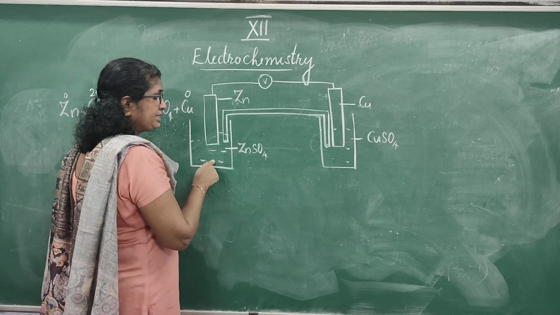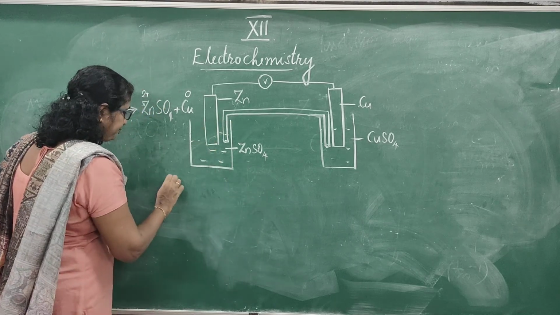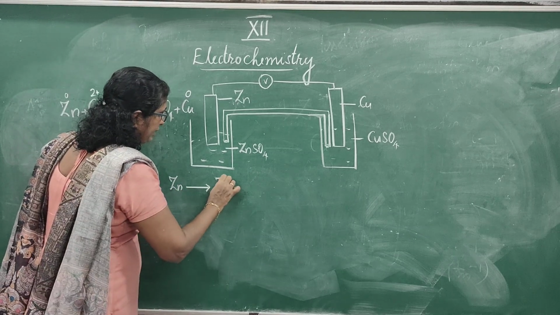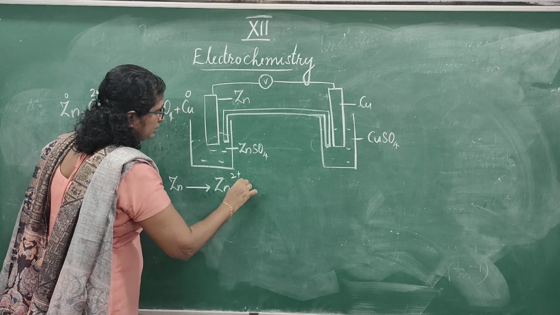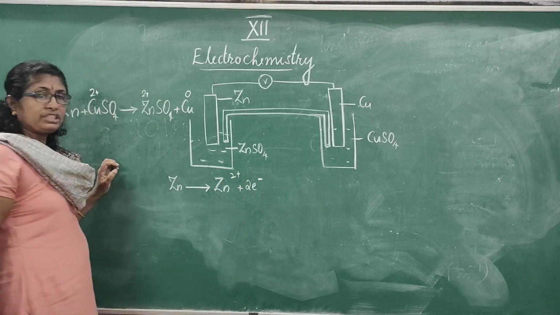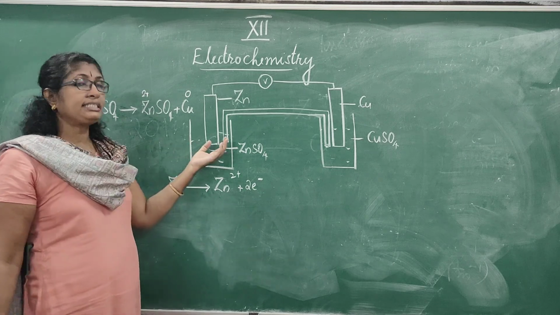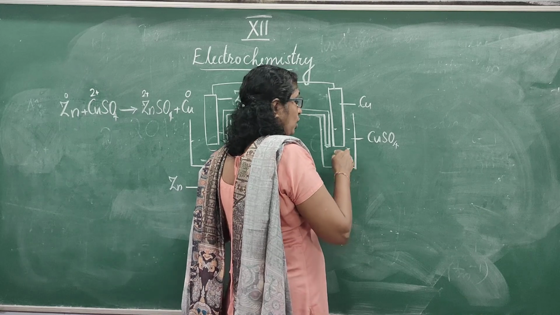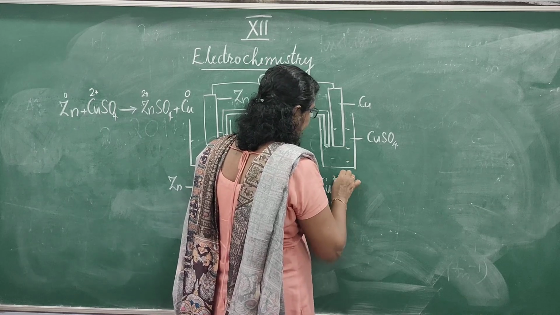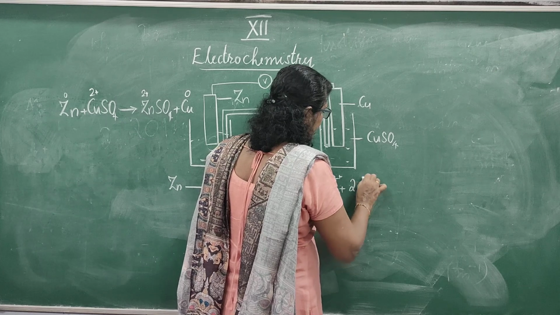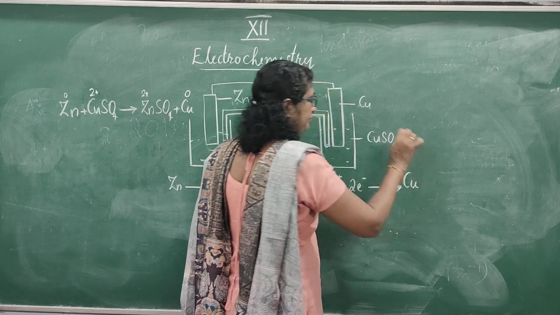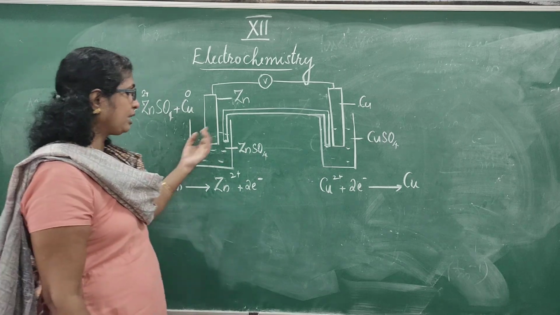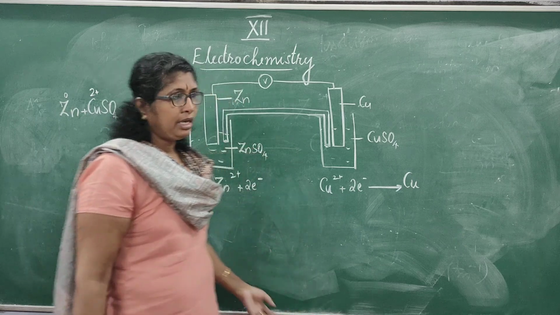Zinc is dipped in zinc sulfate. Now at the zinc rod, zinc atoms lose 2 electrons and become zinc ions plus 2 electrons. So zinc is oxidized to zinc ion at the zinc electrode. Now what is happening at the copper electrode? The copper ions, Cu2+ from the solution, accept 2 electrons to become copper. So zinc is oxidized to zinc ions, and here copper ions are reduced to copper.